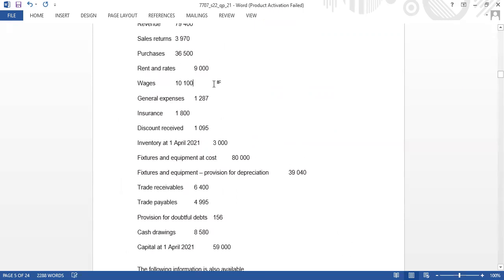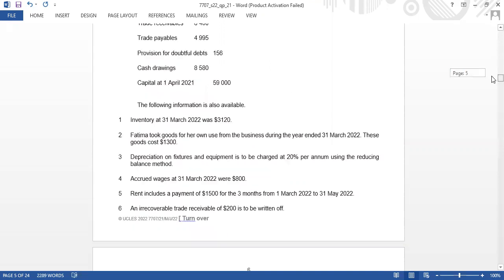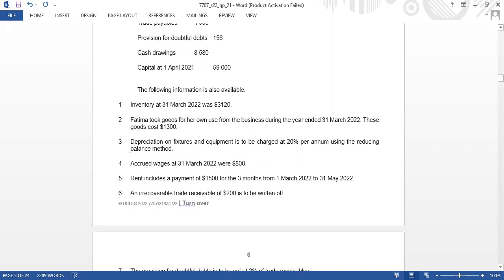wages, plus 800. Then we have rent includes the payment of 1500 for the 3 months from 1st March to 31st May. March, April, May. And our year end is 31st March. That means rent includes a prepayment of 1500 for the 3 months.